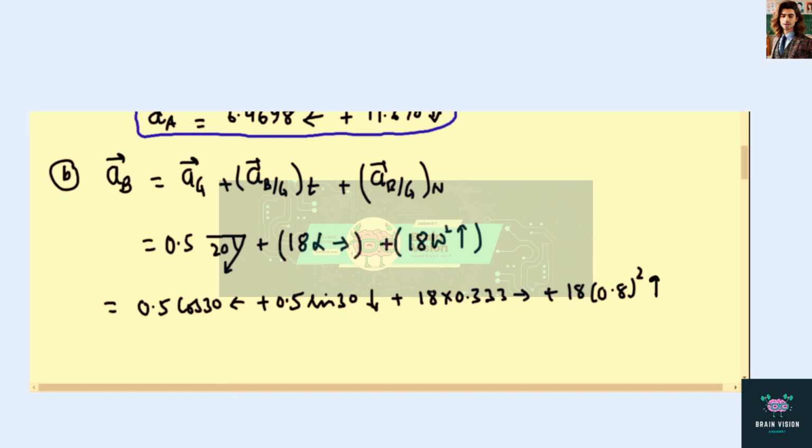So solving this equation, you will get the acceleration of B point to be 6.4698 towards left plus 11.670 in the upward direction. So this is the answer of B part.